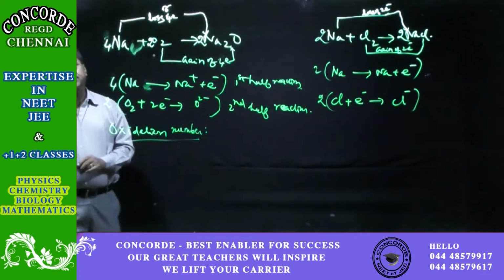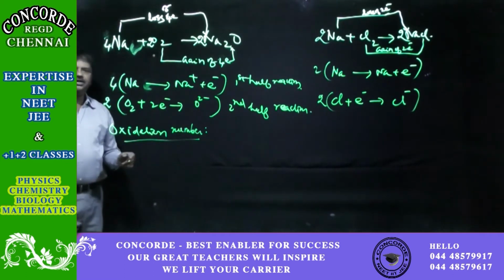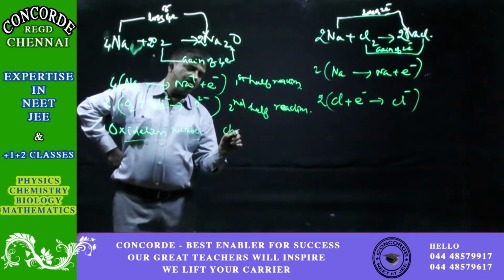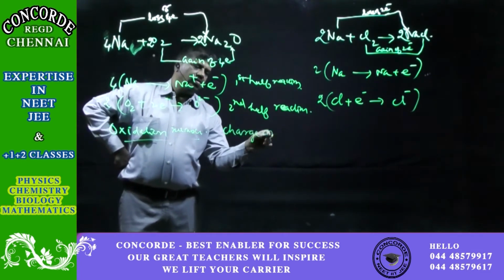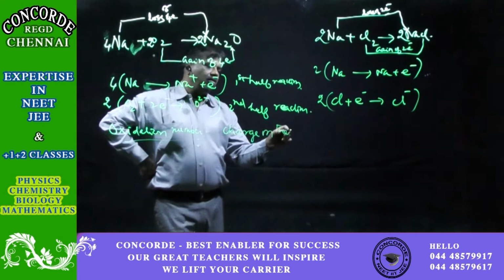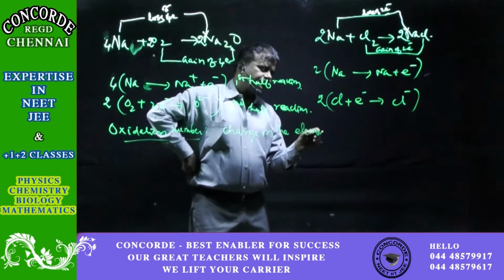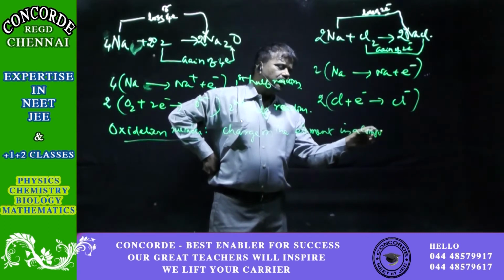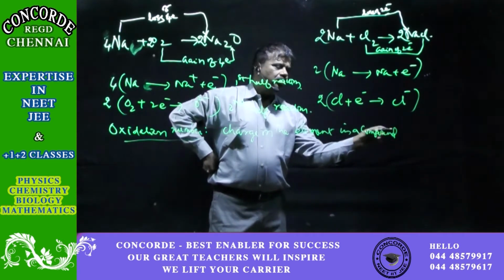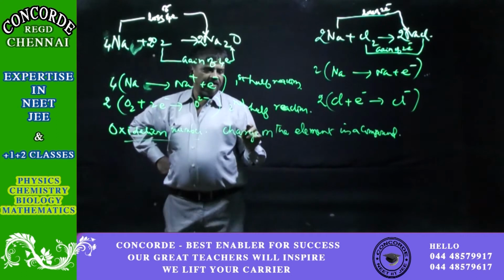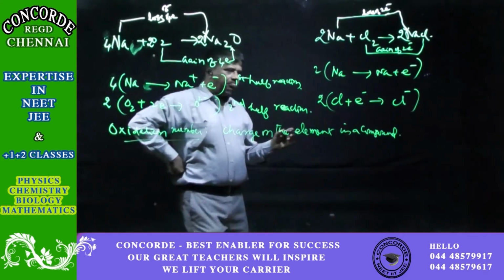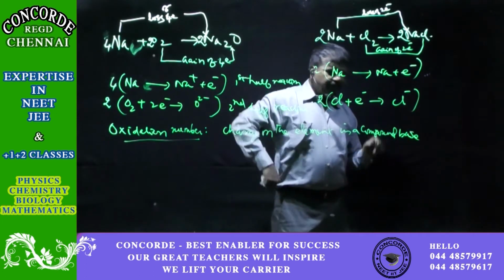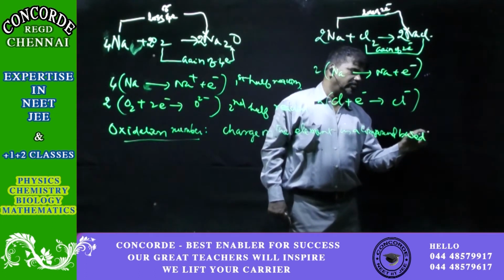What is an oxidation number? Oxidation number is the charge on the element in a compound. Okay, charge on the element in a compound, arrived at based on certain rules.